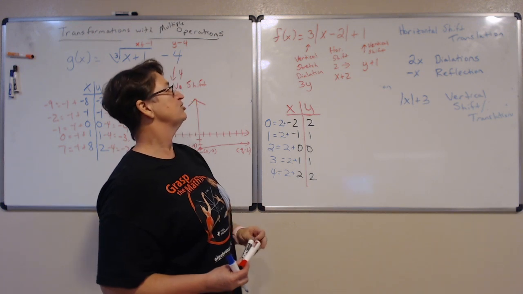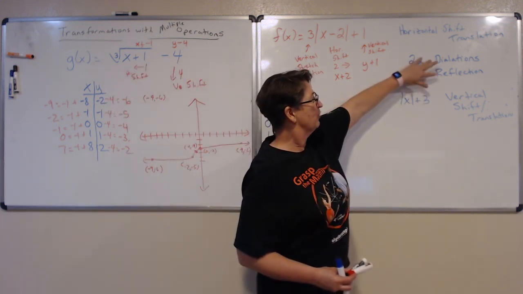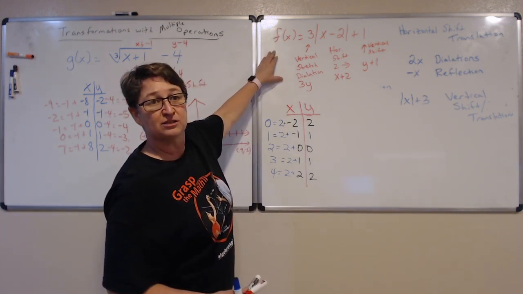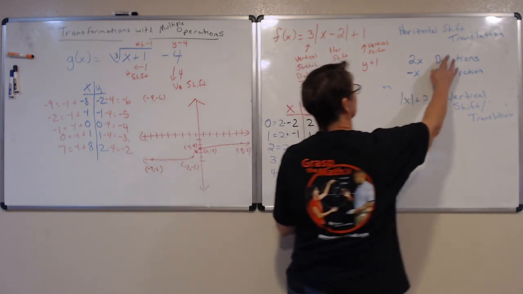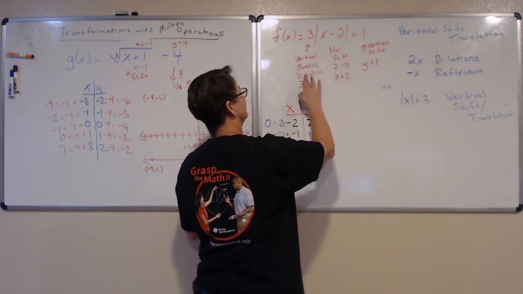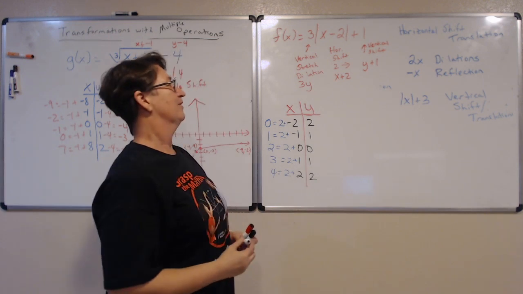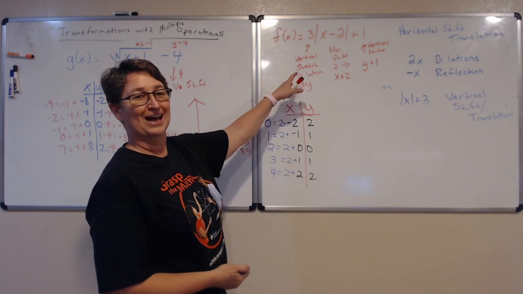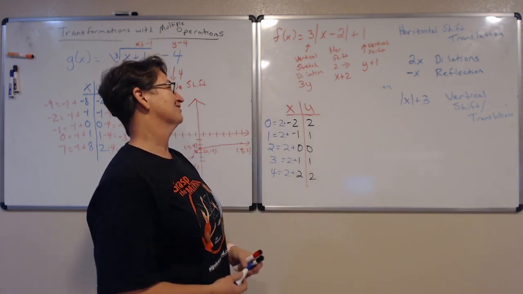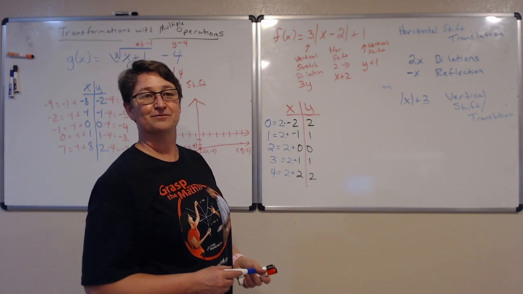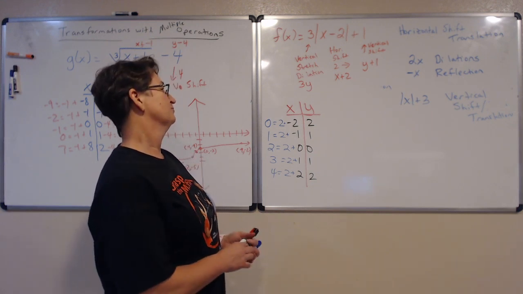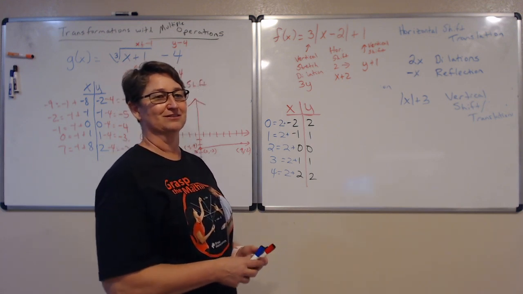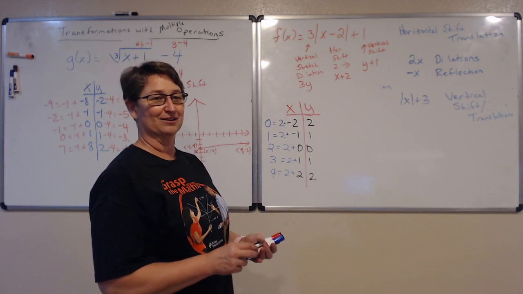Next, I'm going to do the dilations or reflections. So here we've got a dilation, and I am misspelling it every time. Somebody should fix it for me. I think it's misspelled every time on the whole video all the way through for the world to see forever and ever. Oh well. It's because every time I say it, I'm sticking an A in there. Dilation. There's no A in there.